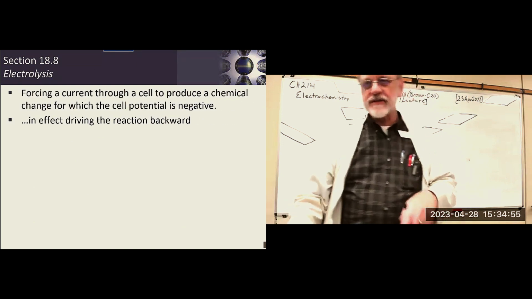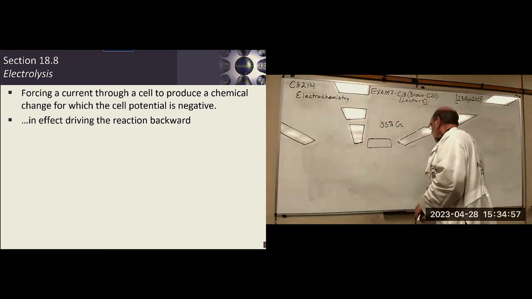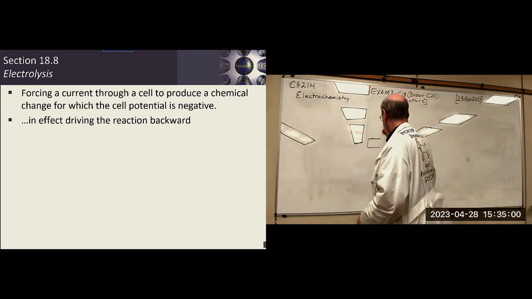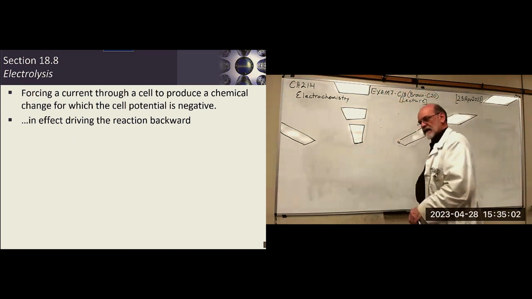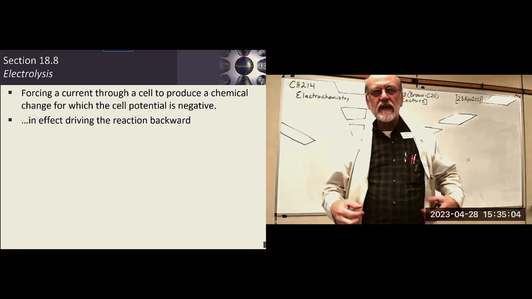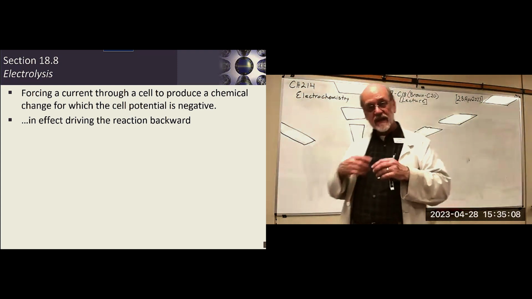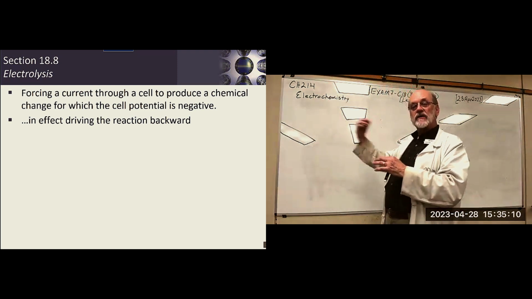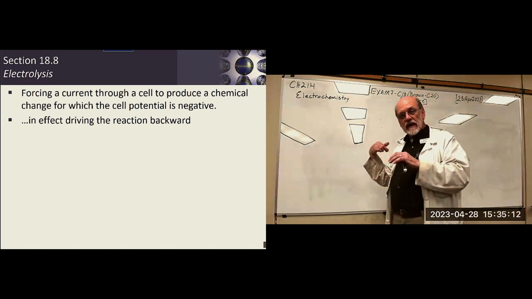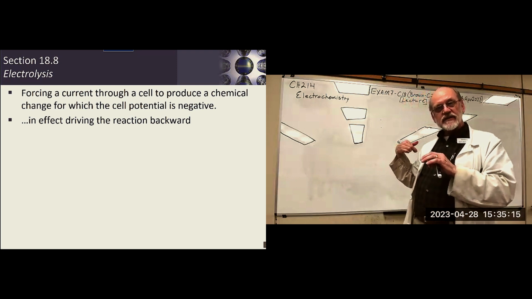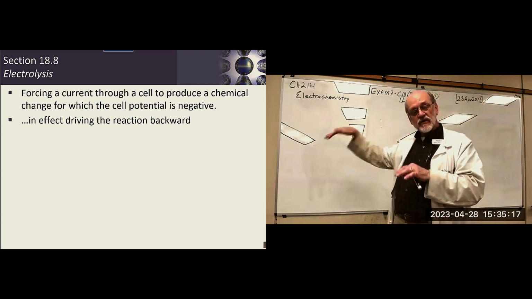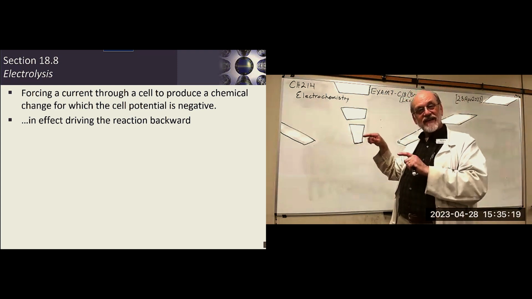Now for electrolysis. This is our last topic. Think of electrolysis if the galvanic cell is spontaneous in the direction from the anode to the cathode. Then electrolysis is not spontaneous in the other direction, but we can drive it that way.